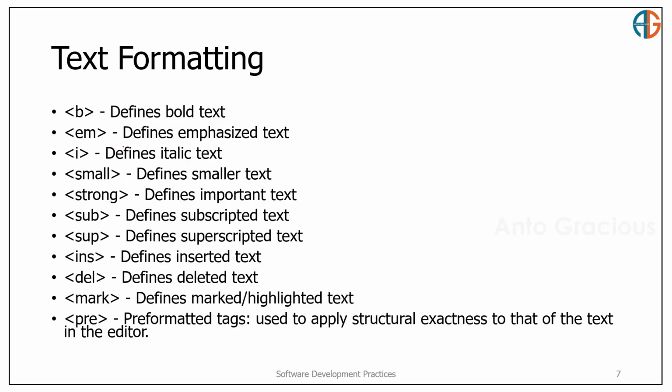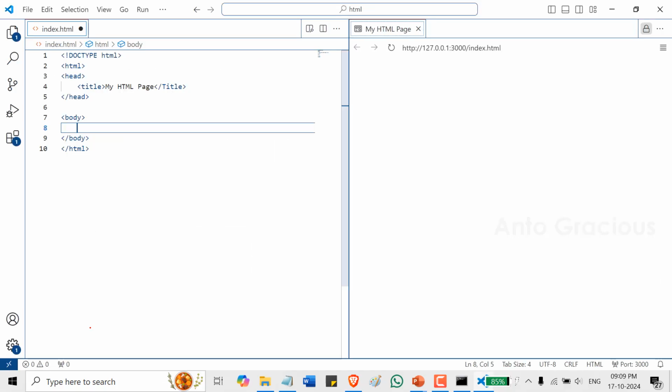For all these tags, you'll have an open tag as well as a closing tag, right? B for bold, EM for emphasized, I for italics, small, strong for showing important text, subscript, superscript, inserted text, deleted text, marked text, and the pre-formatted tags. These are some of the text formatting tags. Now we shall see those things one by one.